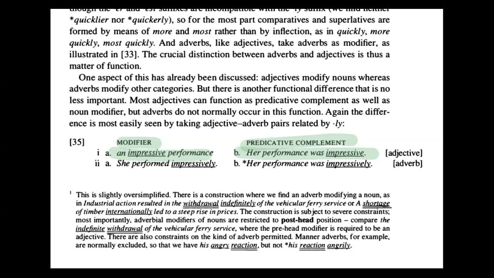Because we said that adjectives occur before the nouns, as an internal modifier in the NP, or can be external after the verb, like her performance was, or after the linking verbs, like was impressive. This is an adjective. We can say her performance impressively, but we cannot say her performance was impressively. We cannot say this one.